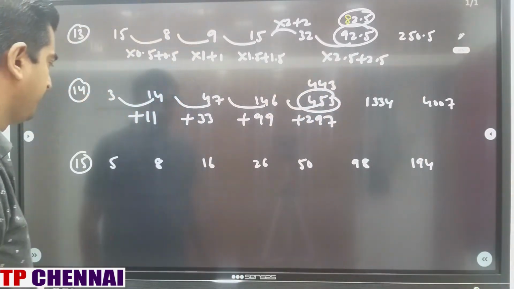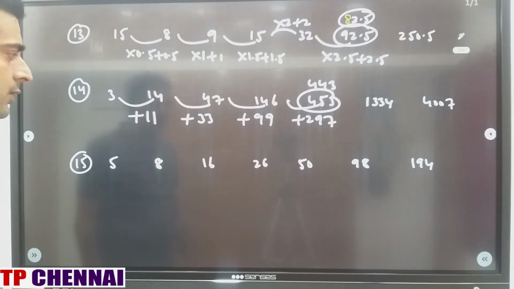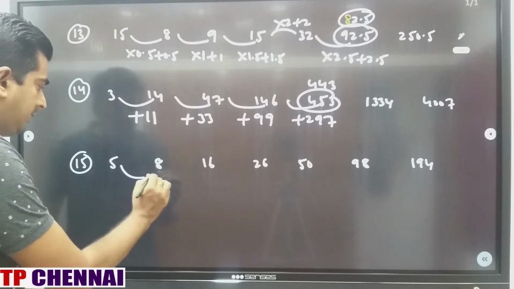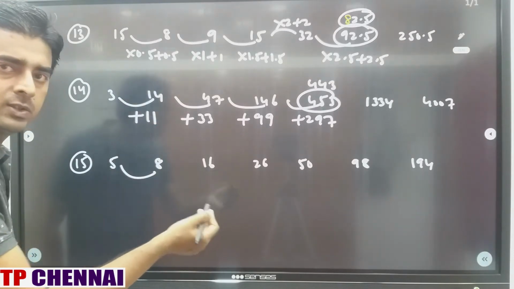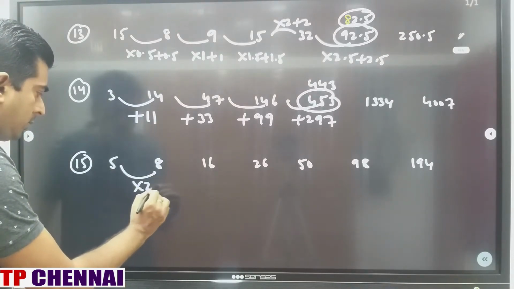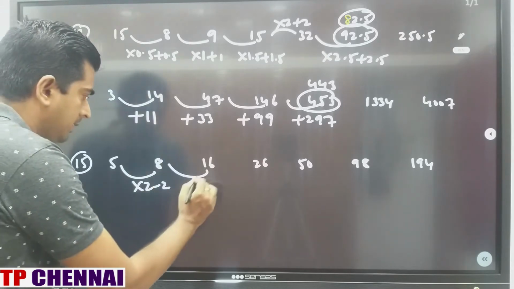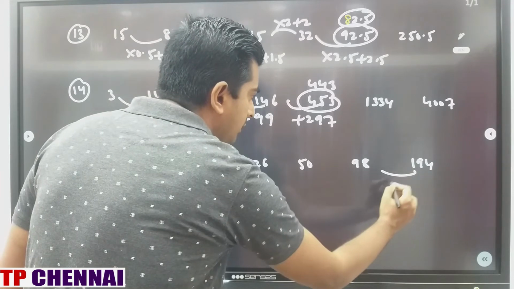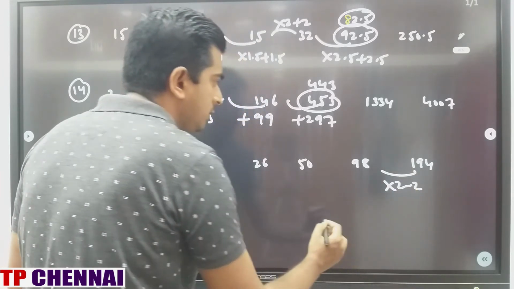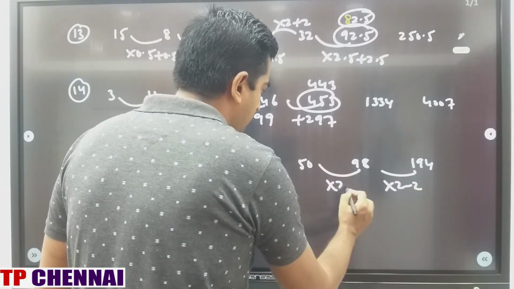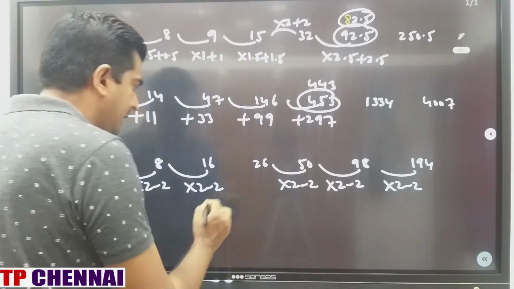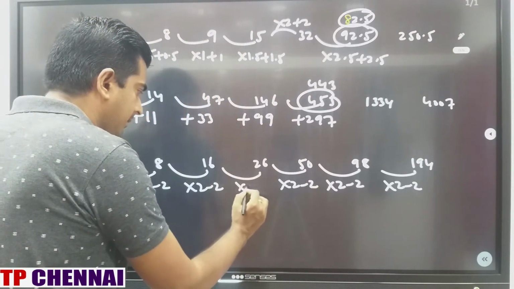Right? Next one. 5, 8, 16, 26, 50, 98, 194. All numbers are multiple of nearest 2 times. So this is into 2 minus 2. This is also into 2 minus 2. This is also into 2 minus 2. This is also into 2 minus 2. This is also into 2 minus 2. But here it is not there.